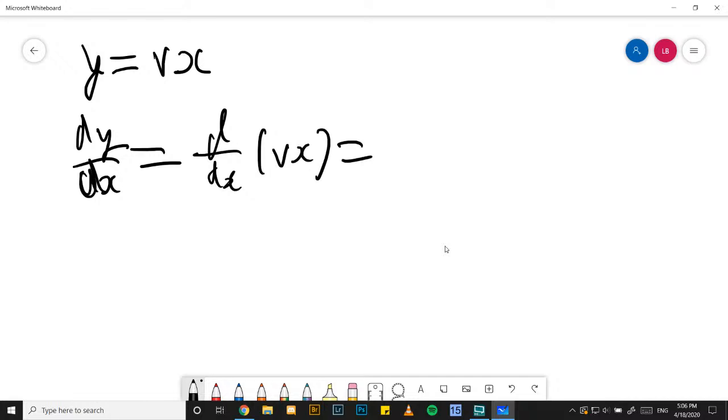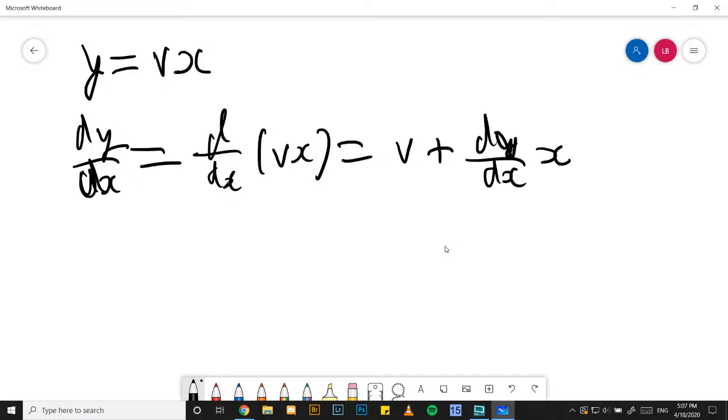And note that the derivative of vx with respect to x is v plus dv dx times x. The reason we use the chain rule here is because v is some function of x, so you need to use the chain rule.